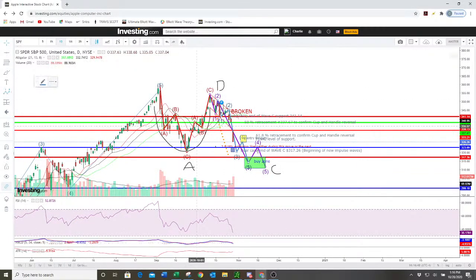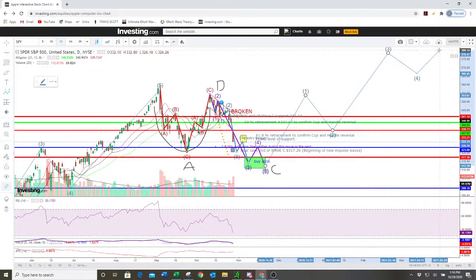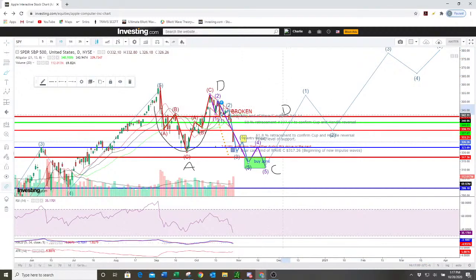But either way, there are two options after we get to the C zone. Either we're going to bounce with a healthy 1, 2, 3, 4, and then on, or we're going to extend this move to a D, this looks like a B, and then an E down here, which will ultimately make a triangle, right?